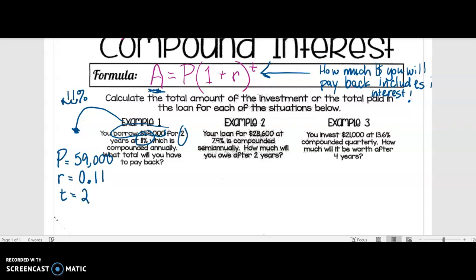So now we're going to just input that into our formula. So the formula is A equals principal amount times 1.